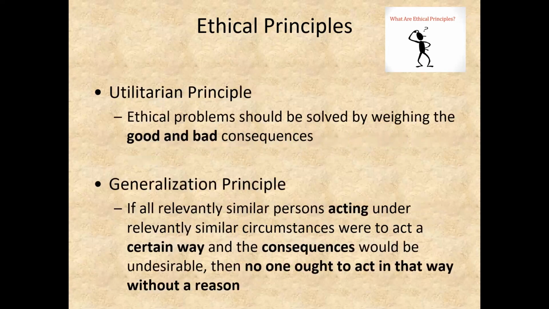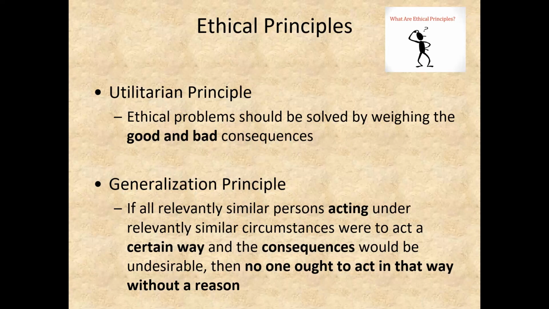The other one we call the utilitarian principle, where we weigh the good and the bad consequences and make sure the consequences we take have a better ending, and we should not take any approach that has bad consequences. The third one we call the generalizing principle.